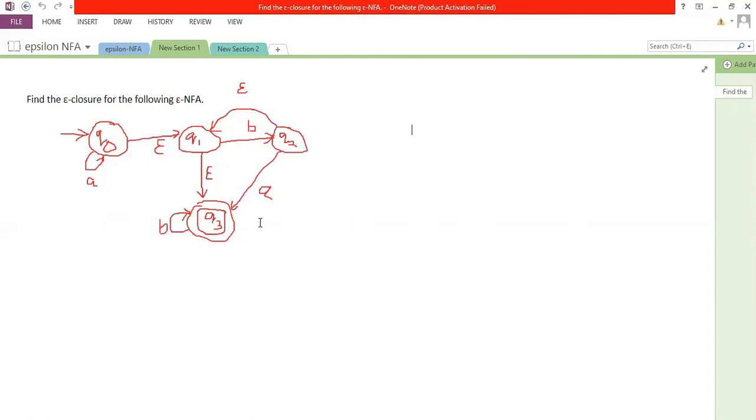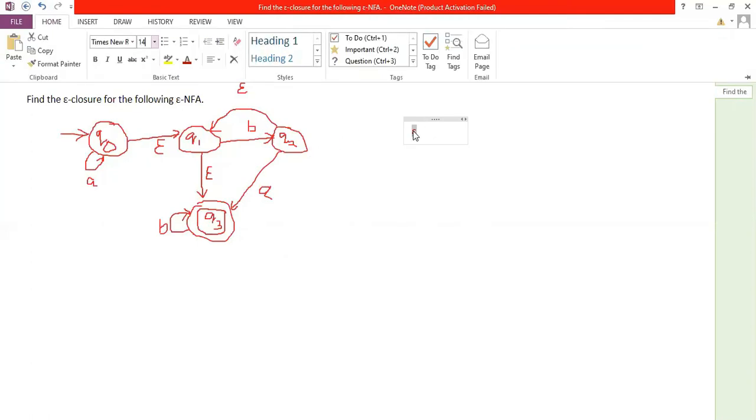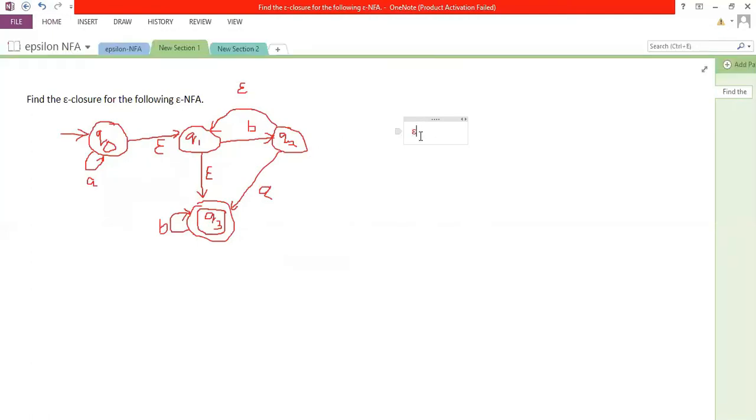Let's write epsilon closure of Q0. Check out how do I write epsilon closure of Q0. Epsilon closure of Q0, as per first rule, you just write Q0 itself.